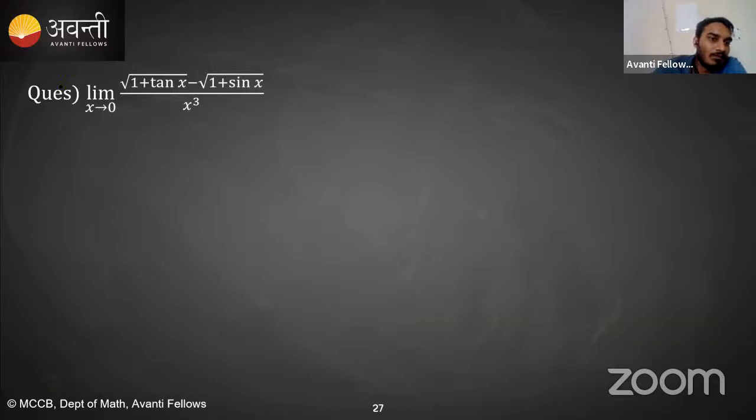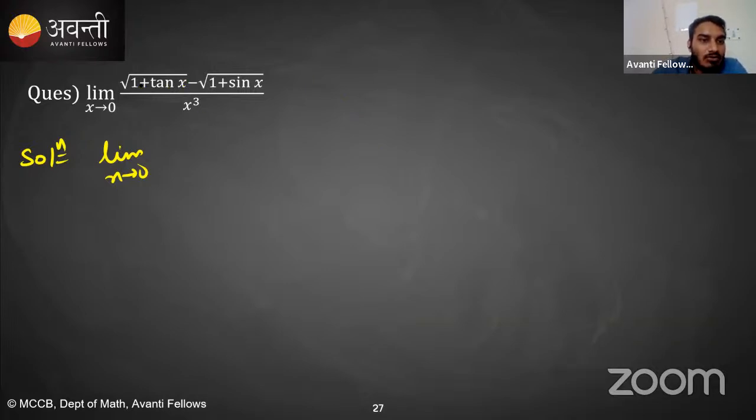So the first question is: limit x tending to 0 of under root of 1 plus tan x minus under root of 1 plus sin x, upon x cube. As you can see, this has square roots, so the first very obvious step is rationalization. Whenever a limit question comes, first check which kind of indeterminate form is there.